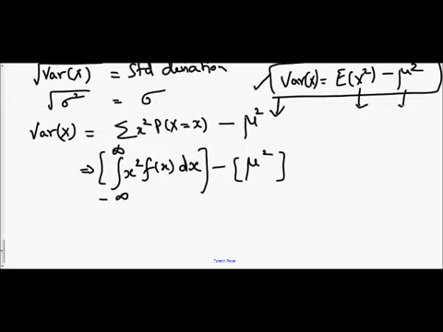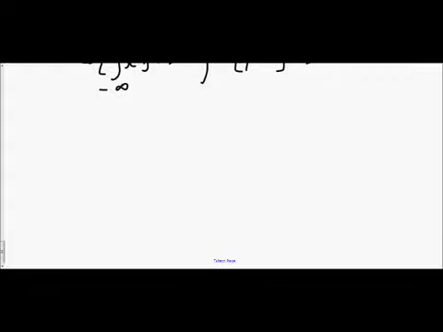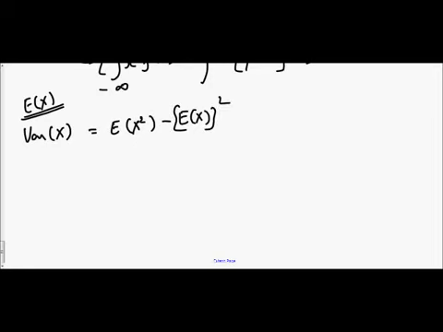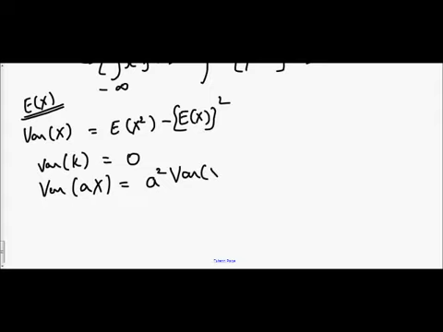We have certain properties. We did it for the expected value E(x), where we found some 4 properties. Now let's see what happens to the variance of x. The variance of k, a constant, is 0, and the variance of ax, a constant times x, is a² times variance of x. Whereas remember, when it was the expected value of ax, it was a E(x), right?